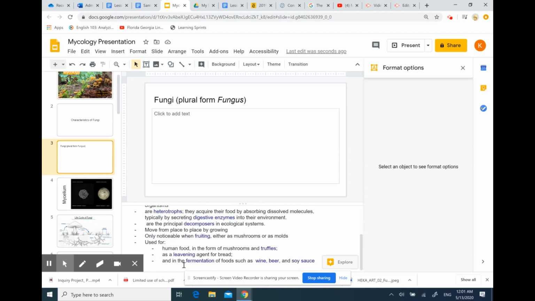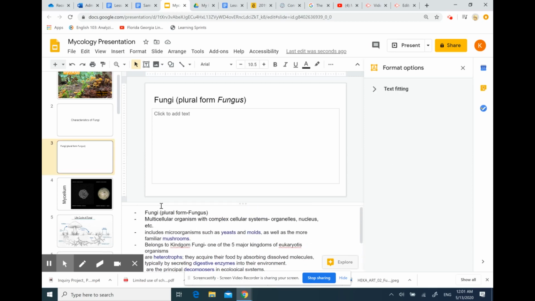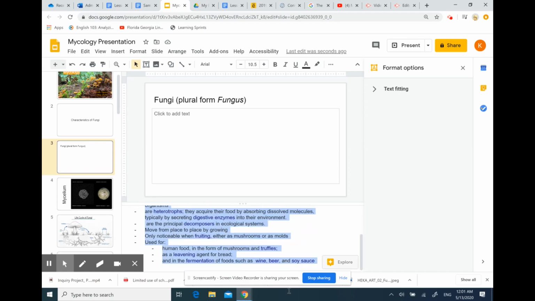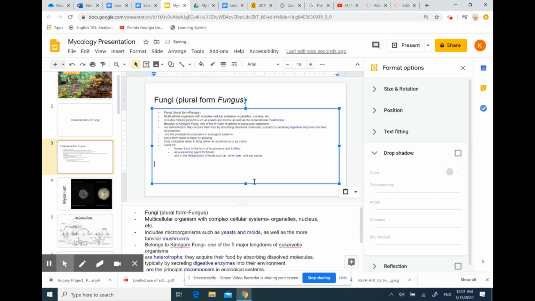So I might just be very selective as to what I'm going to put in here. So I'm going to start this process by cutting and pasting what is in here into here. And you're going to notice how busy it is. It does not look exciting. Your audience is not excited to just simply read your slides.